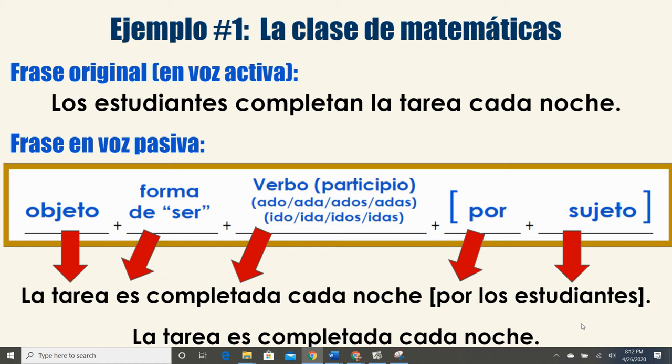Homework is completed each night by the students. Or, since the by part, who's doing the action, is optional, I can take that away altogether and my sentence should still make sense. So in math class, because that's what we're talking about, la tarea es completada cada noche. Homework is completed every night, or homework is completed each night. I'm talking about what's happening, and I'm not focused on who's doing the action.